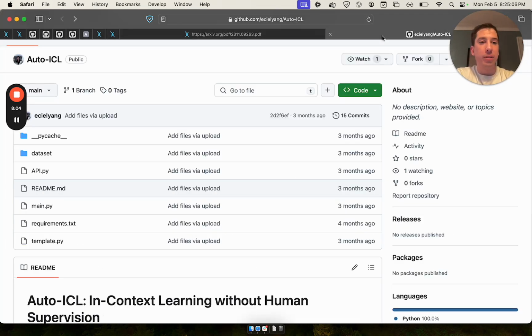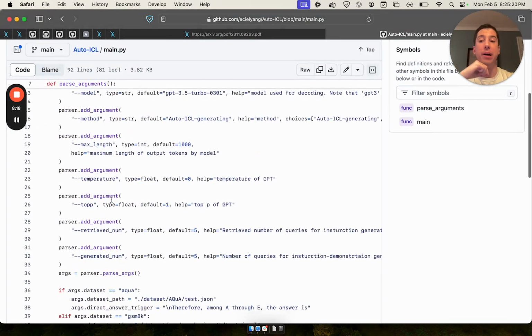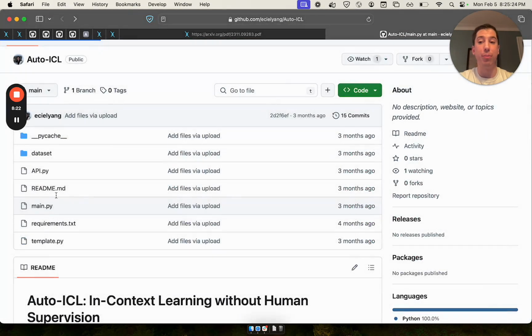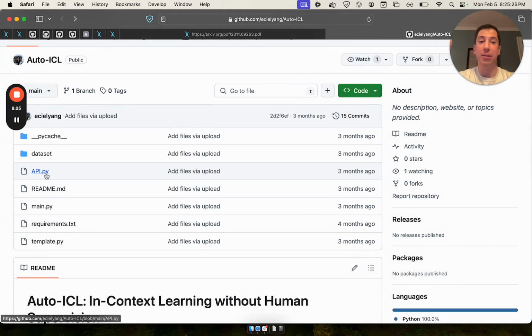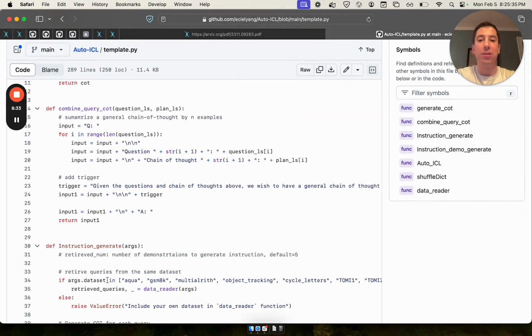So the only other thing to mention with this is that they actually open source their code base, and the implementation for this is not all that complicated. So they describe their main, which provides a whole list of arguments to configure it, and then that just pulls in the API that is a wrapper around OpenAI and a template to set up your automatic in-context learning.